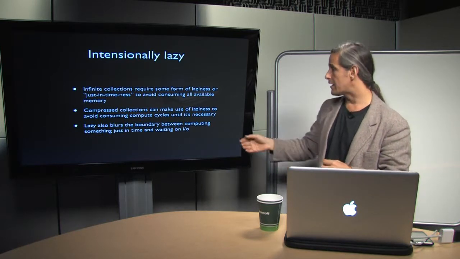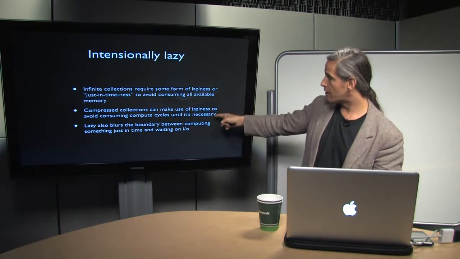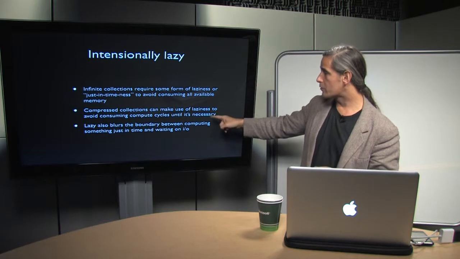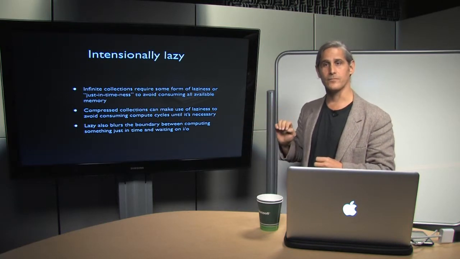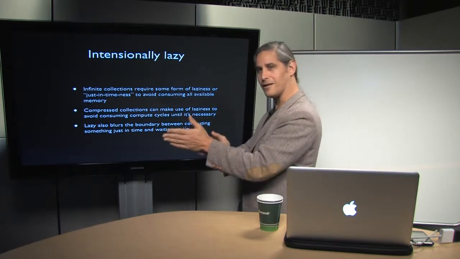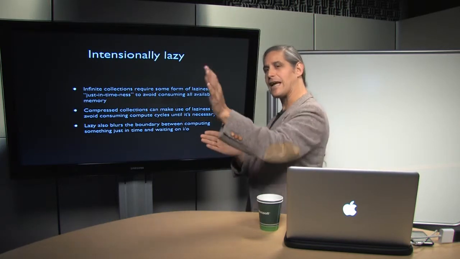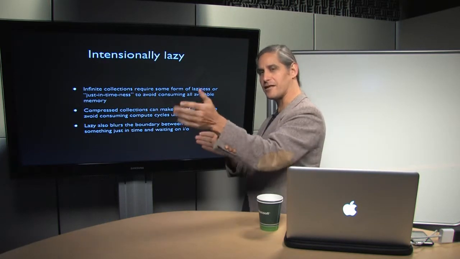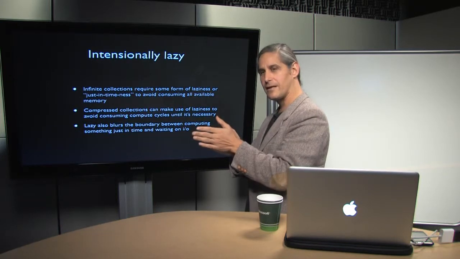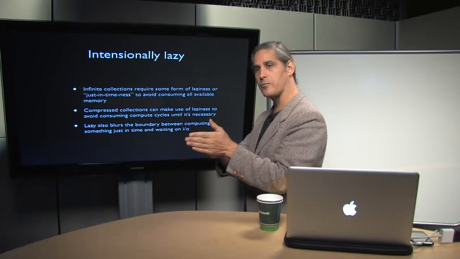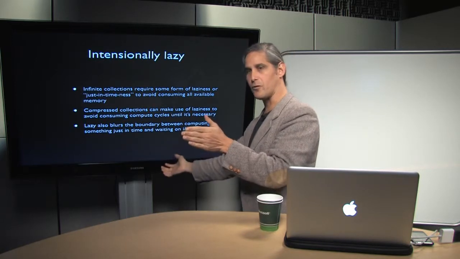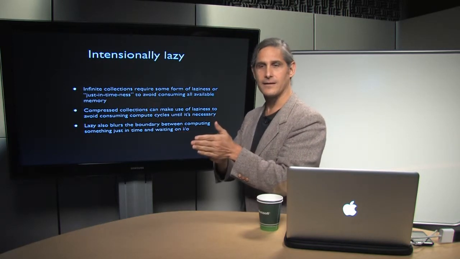And then as soon as we make this jump, that blurs the boundary between computing something just in time and I/O. If I say, I'm going to hand you whatever you're asking for, you just have to tell me a little bit about what you need, how do you know whether I'm computing it, or on the basis of your description I'm going off to a store and fetching it and bringing it back?